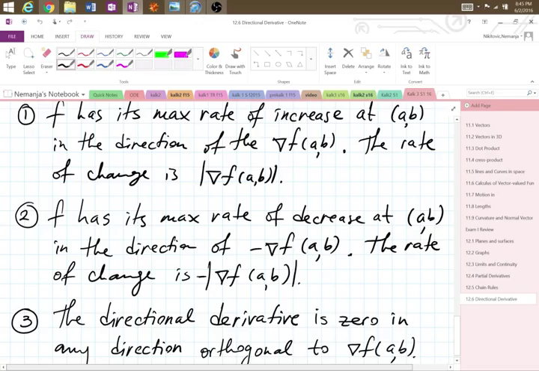The change is measured as dz with respect to x or dz with respect to y. Remember, z is a function of x and y. x and y are independent variables, and z is dependent on them, so we would look at the level curve. We didn't cover that yet.